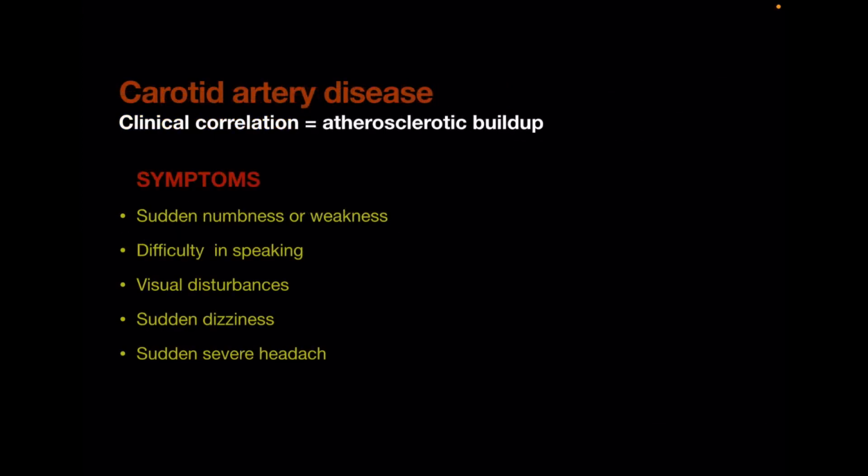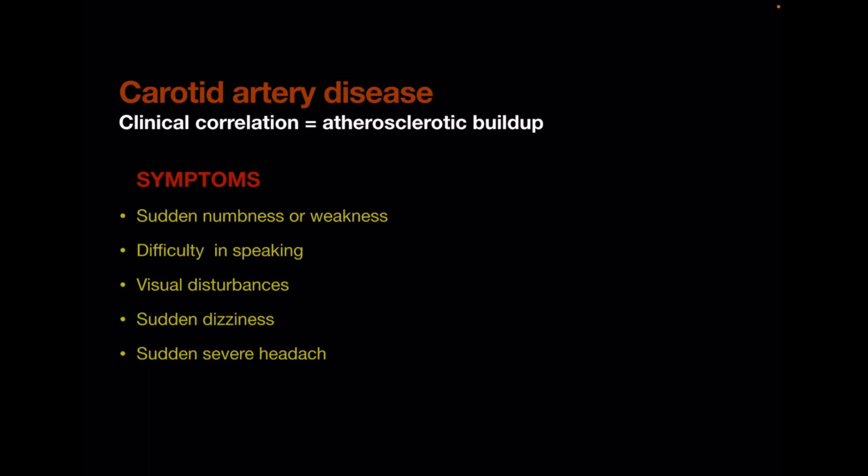Now we discuss our carotid artery disease. Another clinical correlation of carotid artery disease is atherosclerotic buildup, which is substantial narrowing and then ultimately complete stenosis of the carotid artery, which can result in stroke symptoms.